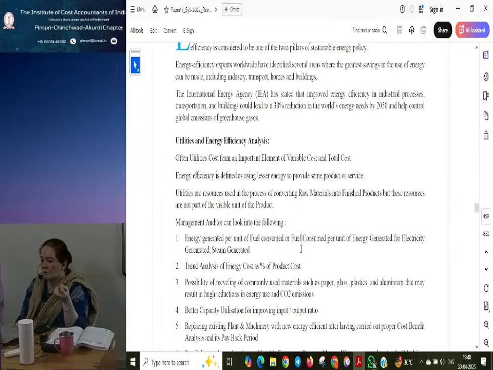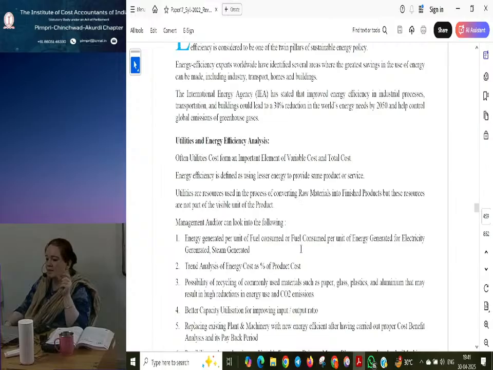In the sugar industry, they have a cogen unit where steam is generated from the bagasse through the boilers. Then this steam gets into the turbine and electricity is generated. So we look at energy generated per unit of fuel consumed.